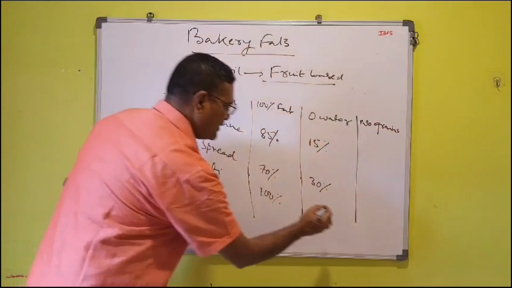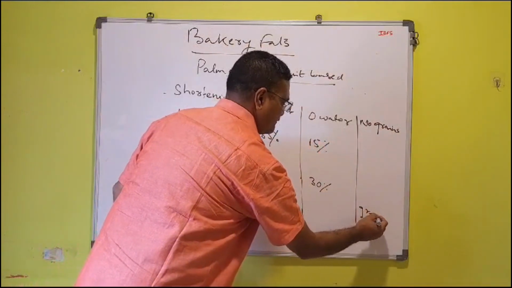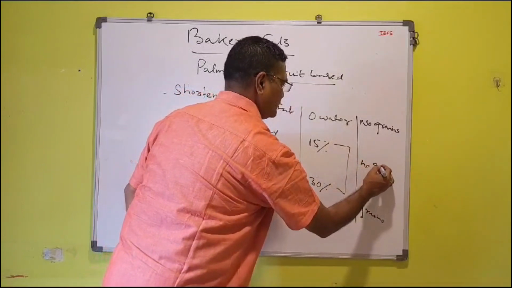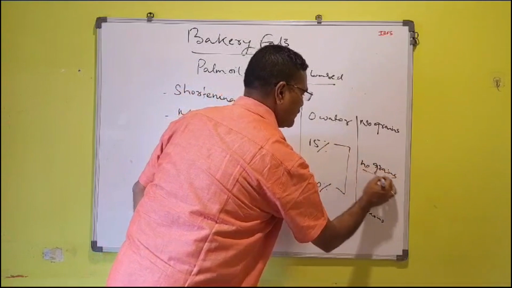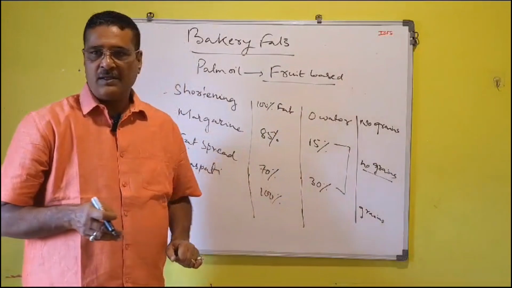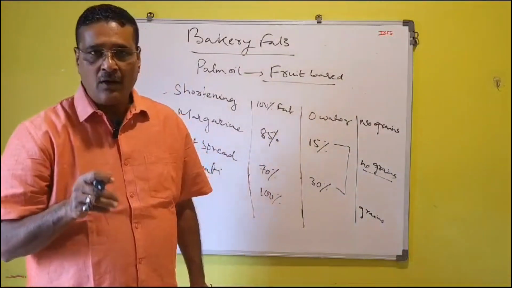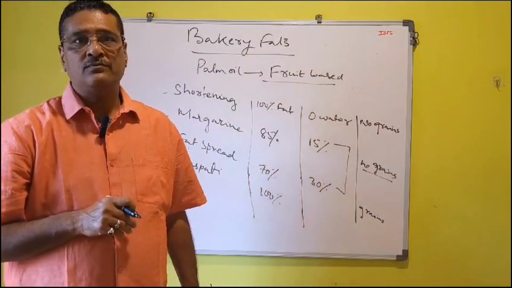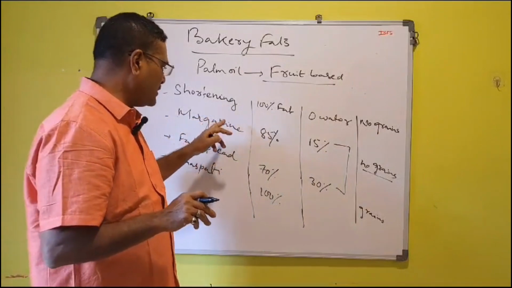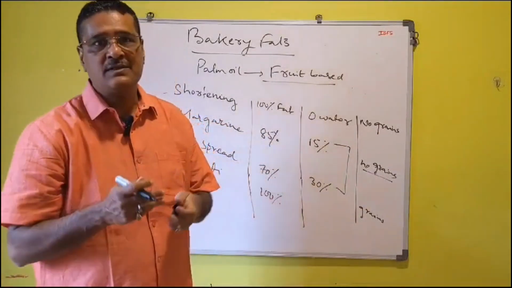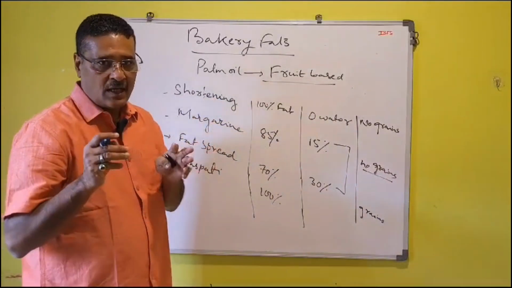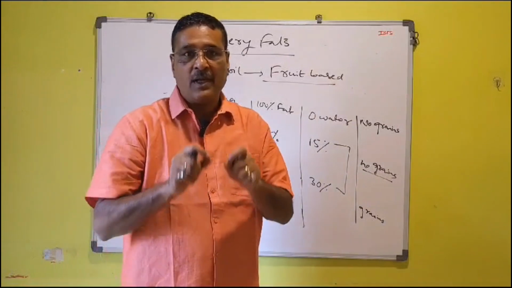In a vanaspati, grains are there, whereas in these two no grains are there. Why is this so? If you were to make a cookie with vanaspati, the grains will not allow the biscuit to get a volume. The height of the biscuit is determined by the shortening or the margarine because it has no grains inside it. So shortening, margarine and fat spreads are produced in a typical equipment which removes the grains.